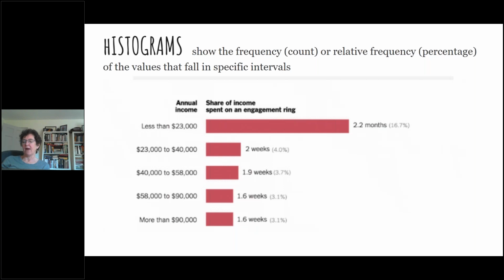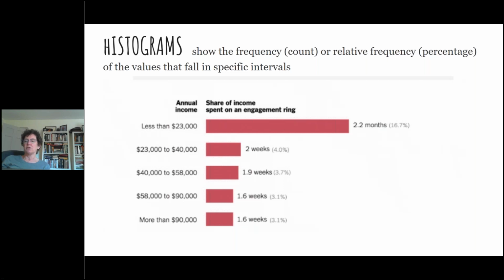That's right. So if I do 90,000 times 0.03, I get 2,700. So if I made $90,000 and spent 3% of my income on an engagement ring, I will have spent $2,700.